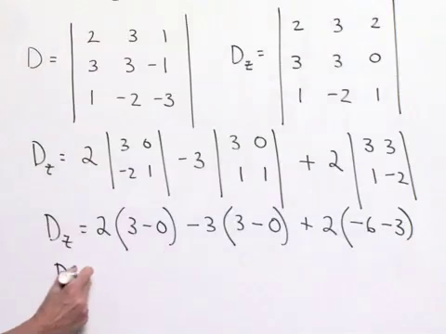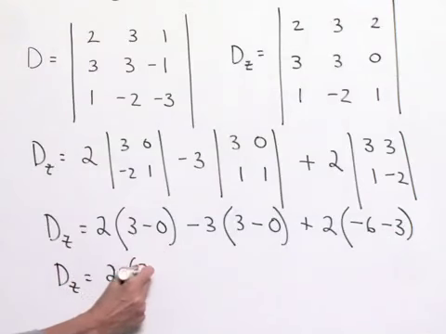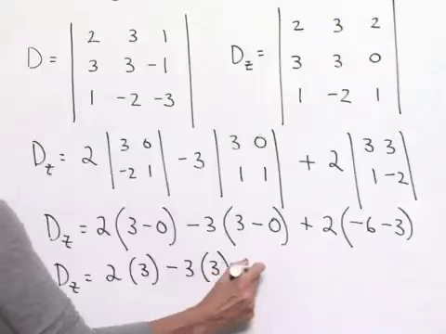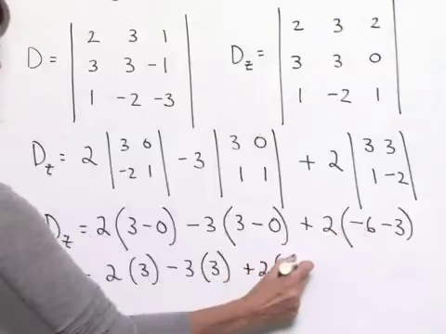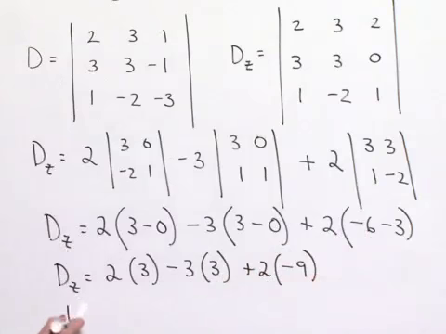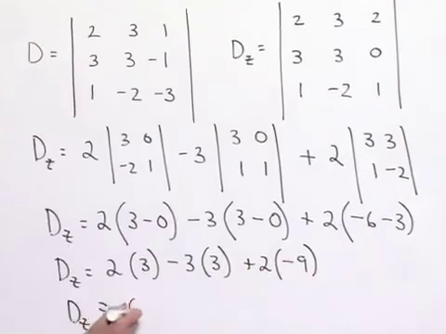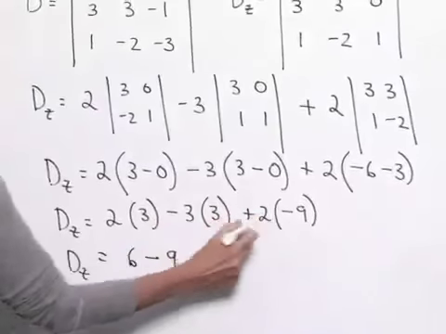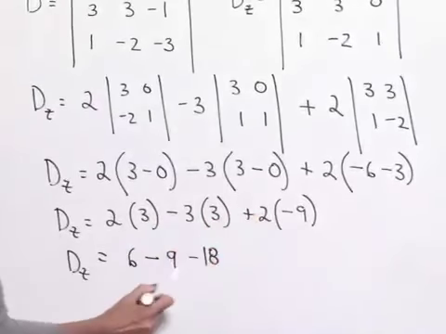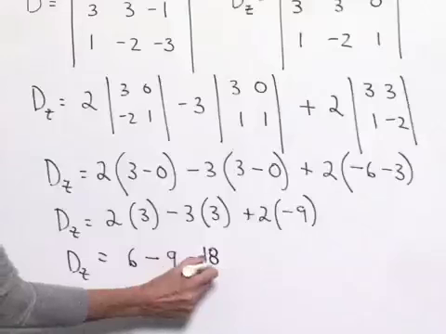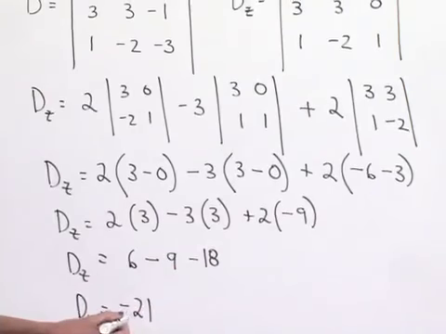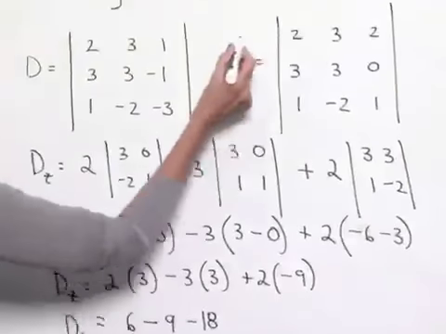So d sub z equals 2 times 3 minus 3 times 3 plus 2 times negative 9. D sub z then equals 6 minus our value of 9 minus a value of 18. So this is going to be a negative 3 minus 18, which gives us our d sub z equals negative 21. Let's now take this value and substitute to find z.